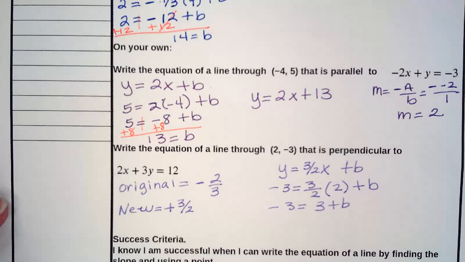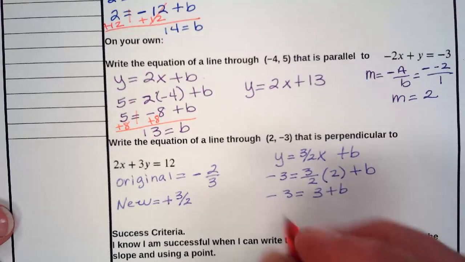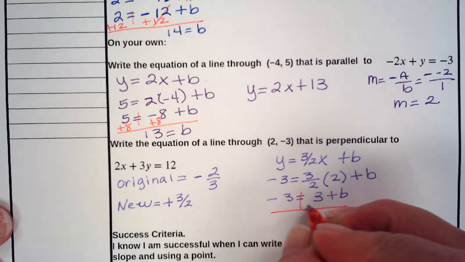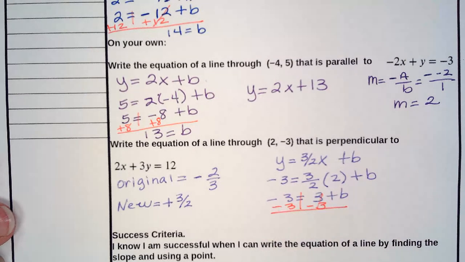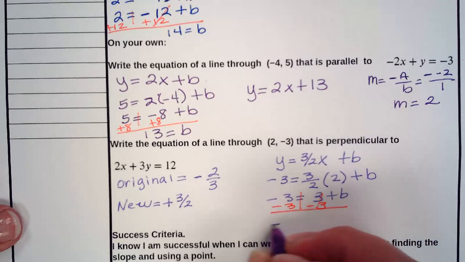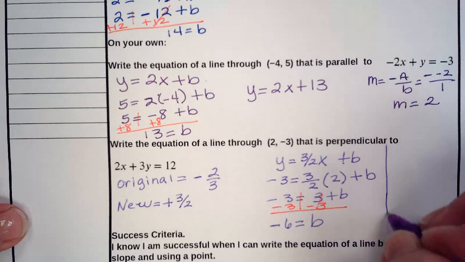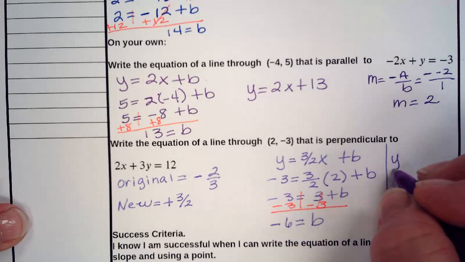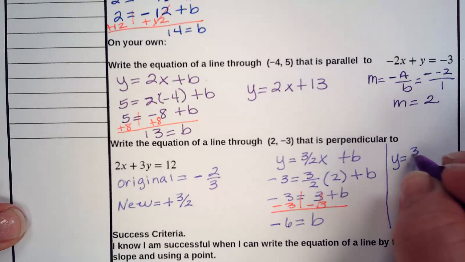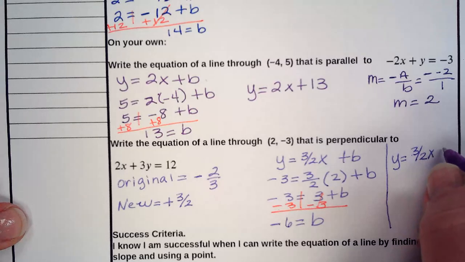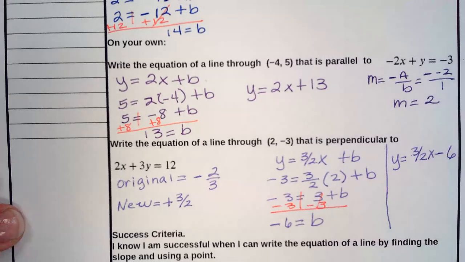Last thing I do is just subtract 3 from both sides. And negative 6 is equal to b. When we do the plug and chug, y is equal to 3/2 x minus 6. And we are done.